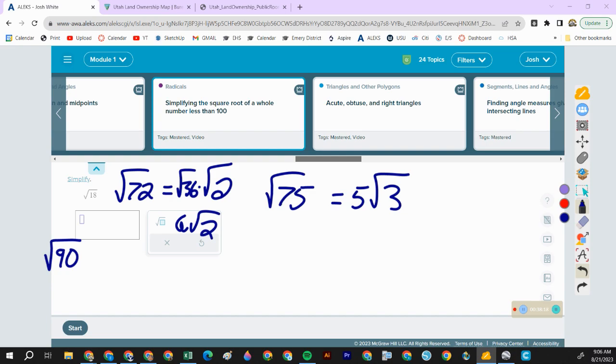So let's go through them. First one is 4. Does 4 go into 90? No. 9. Right? 4, 9, 16, 25, 36. So that is the square root of 9 times the square root of 10. So the answer would be 3 root 10.